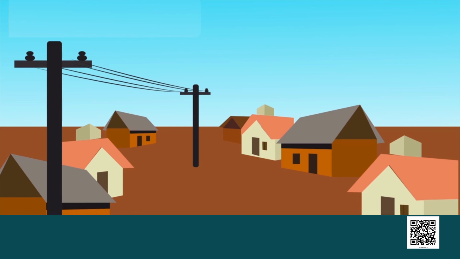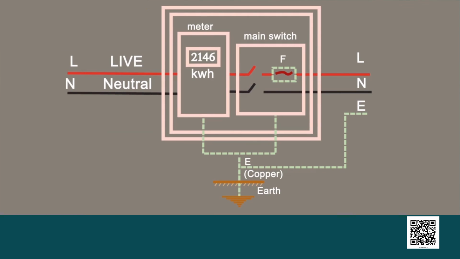One of the wires in this supply, usually with red insulation cover, is called the live wire or positive wire. Another wire with black insulation is called the neutral wire or negative wire. In our country, the potential difference between the two wires is 220 volts.